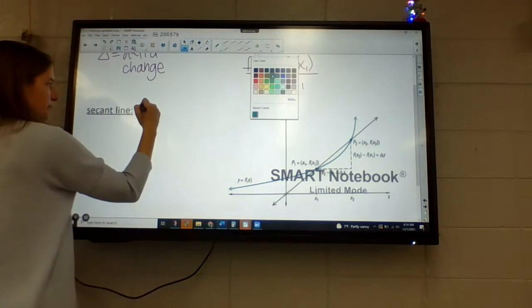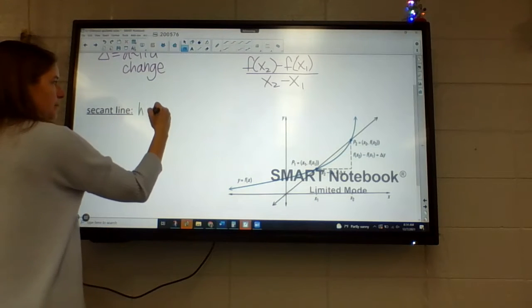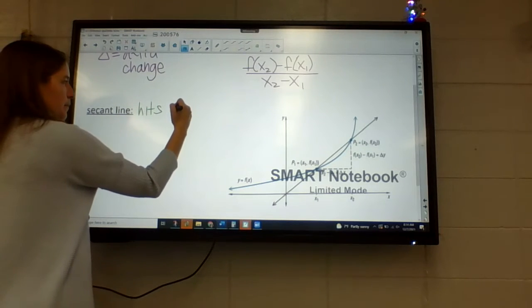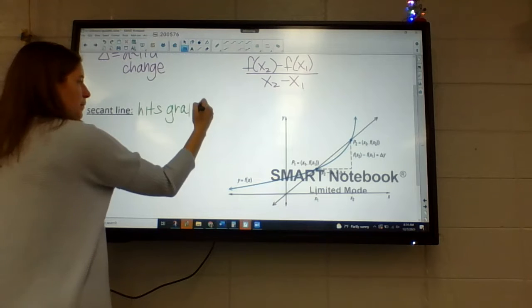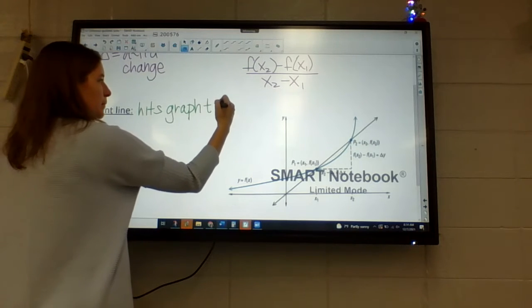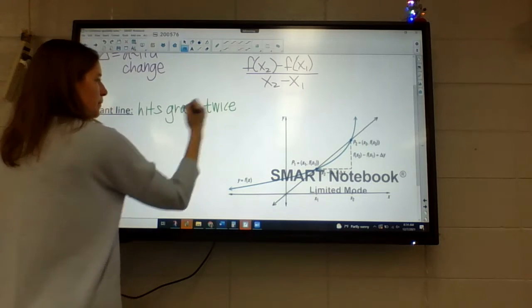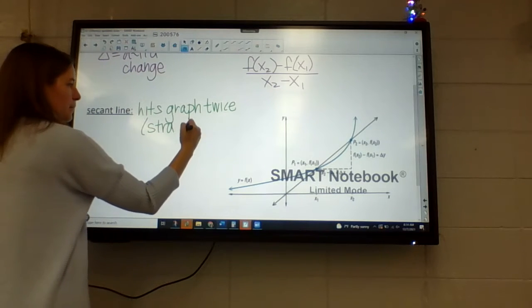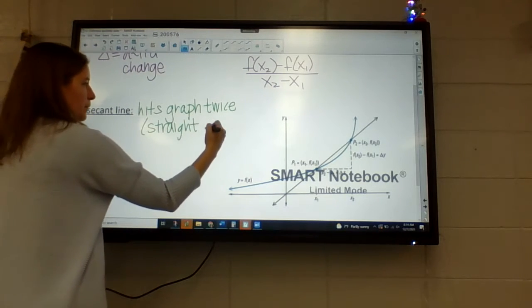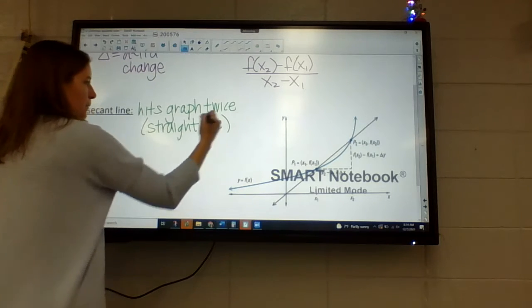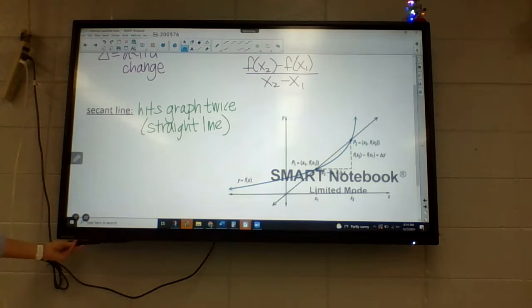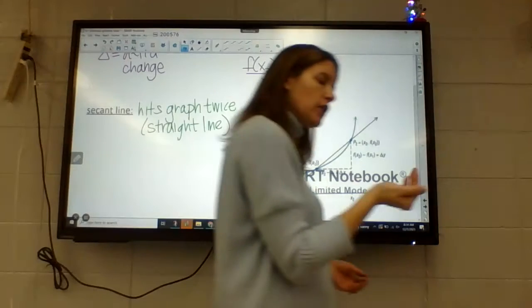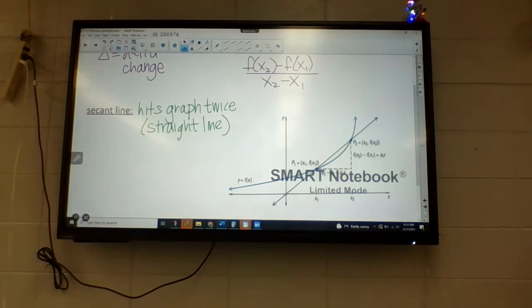So it hits our curve twice, it's just a straight line that goes through that. So they might mention that secant line.